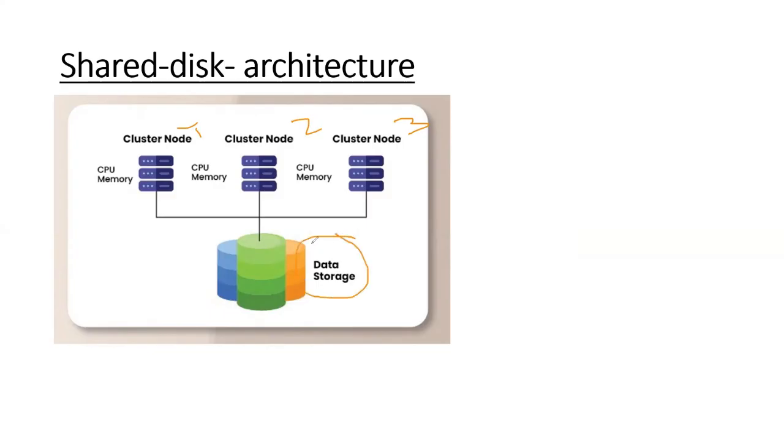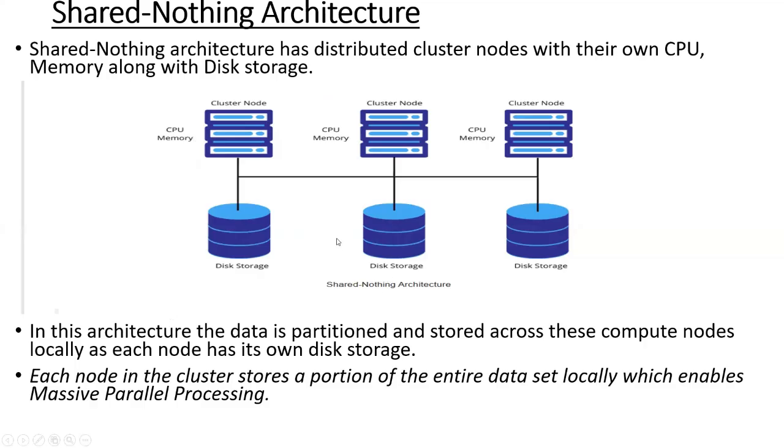One disk storage was shared with 3 nodes. But in the present shared nothing architecture, we don't have such a shared disk. Each has its own disk, so there is no dependence between the clusters. They have independent CPU, memory, and disk storage.